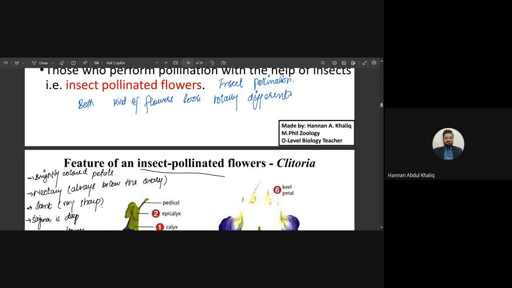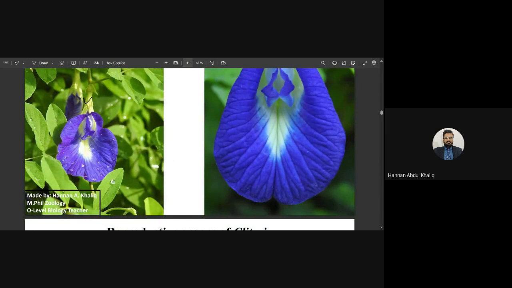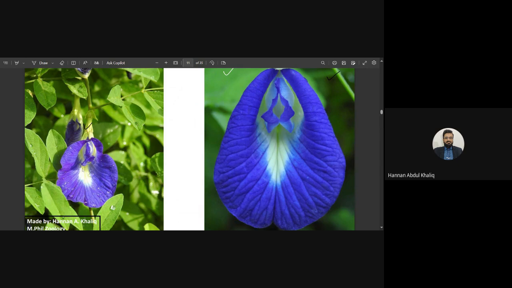Some pictures are shown here that look exactly like this. If you see this one and this one, they have a very clear difference of colors. The insect would always look at these flowers at their sharpest.